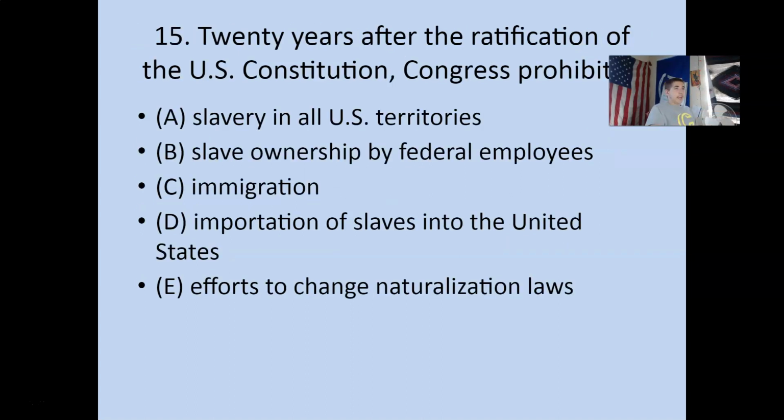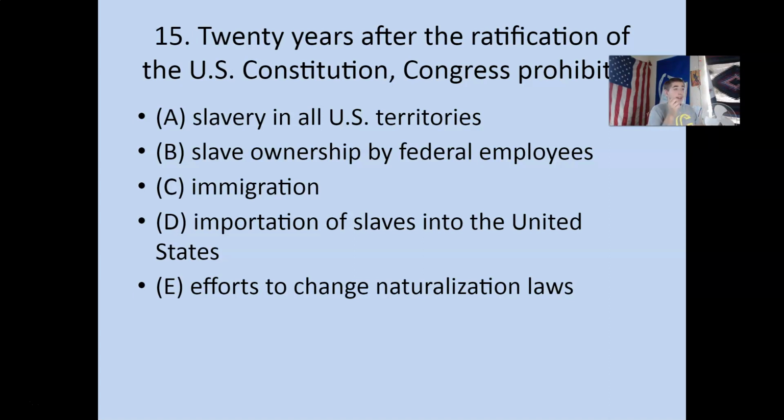Number 15. Twenty years after the ratification of the U.S. Constitution, Congress prohibited: A. Slavery in the U.S. territories. B. Slave ownership by federal employees. C. Immigration.